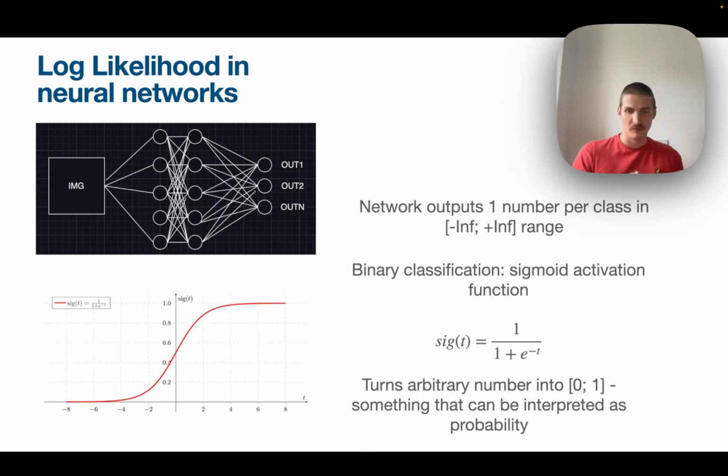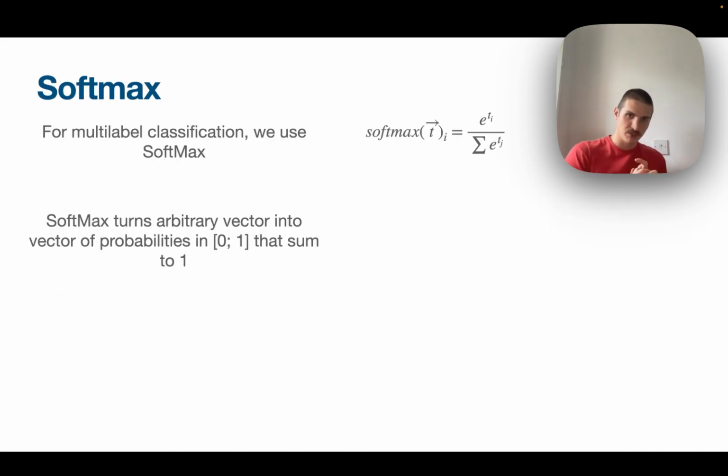But then for binary classification, we apply the sigmoid activation function, which is this S form that goes from 0 to 1. It basically turns an arbitrary number into something that can be interpreted as a probability, so a number from 0 to 1. And then for multi-label classification, the generalization of sigmoid is softmax.